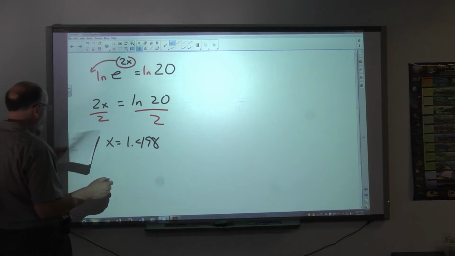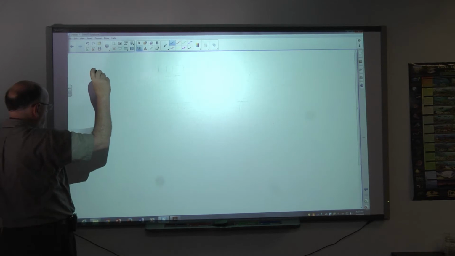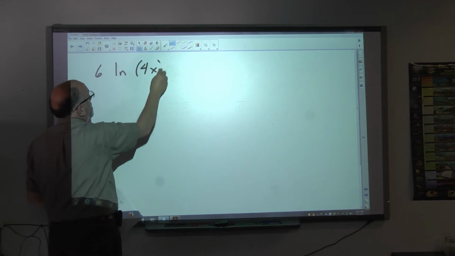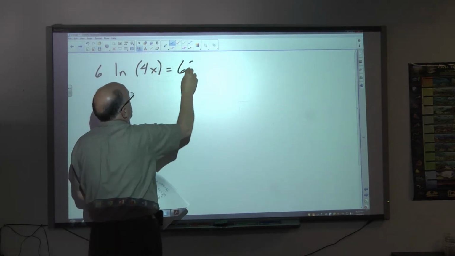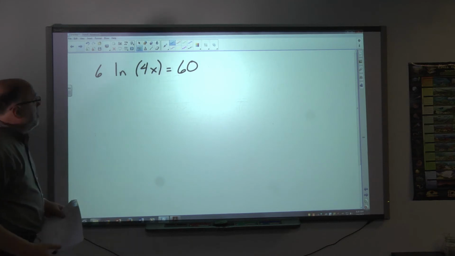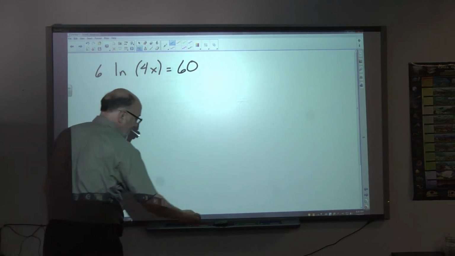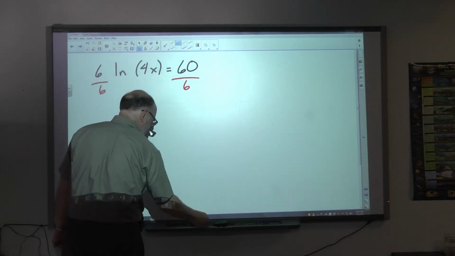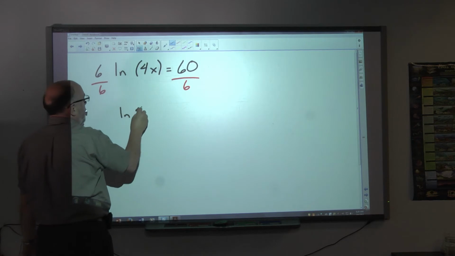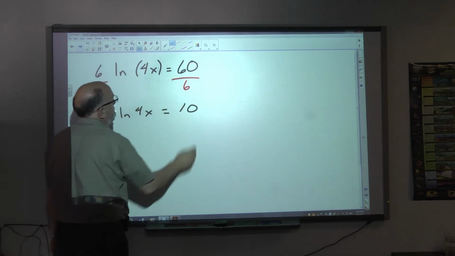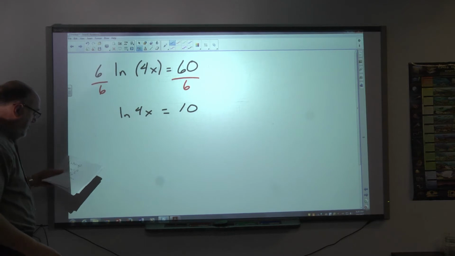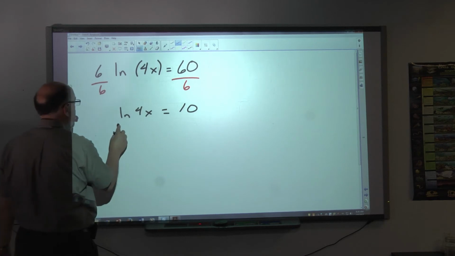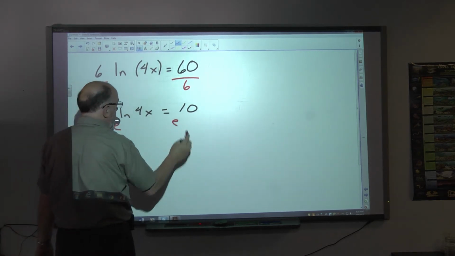So another one involving natural log. Let's say we got 6 natural log of 4x is equal to 6. Now, this says 6 times, so the first thing we want to do is get rid of that 6, so we can divide by 6, divide by 6. And so the natural log of 4x is going to equal 10. The opposite of natural log is e, so here we're going to do e down here.